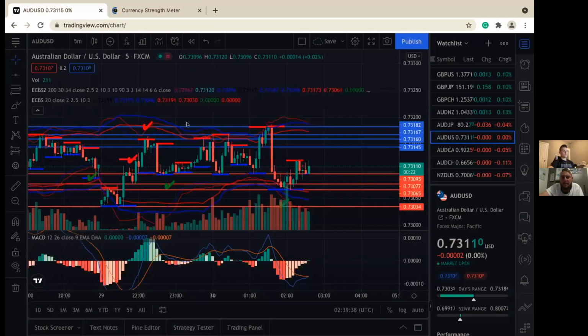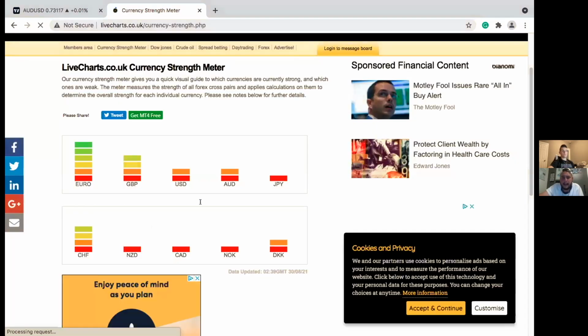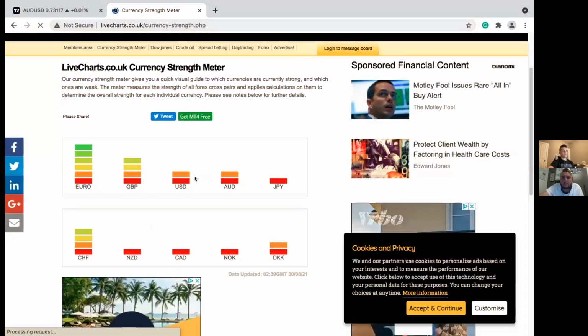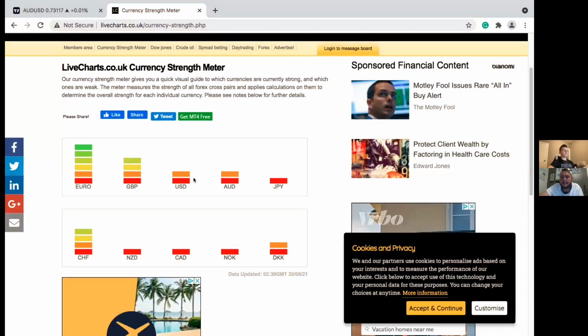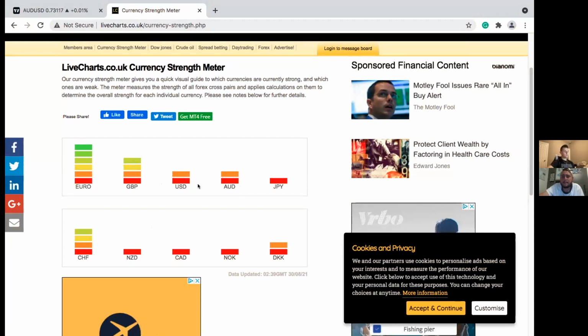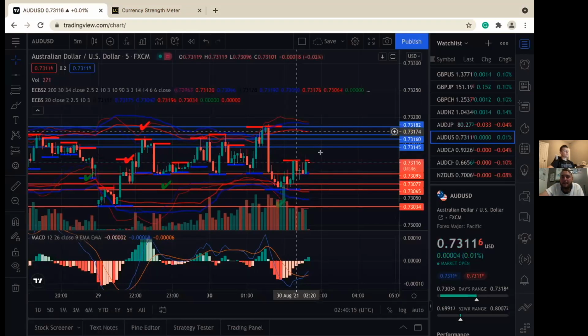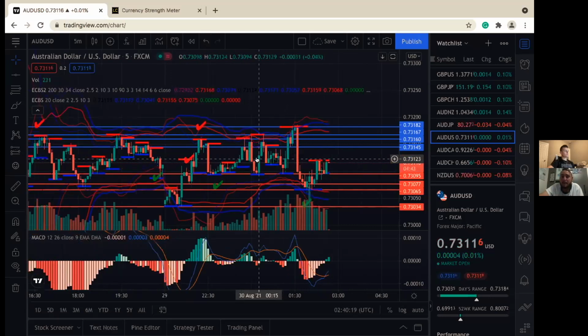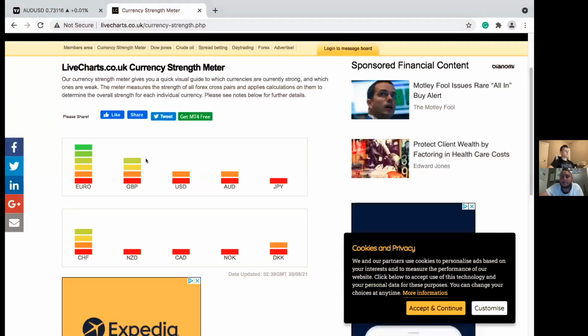So I come here, I'm looking at AUD USD, and they're pretty much the same. I can take calls and I can take puts. Whenever you see both of them showing exactly the same strength, you guys can come here and take calls and puts. That's why the market's consolidating, to be honest, because they are pretty much the same strength.